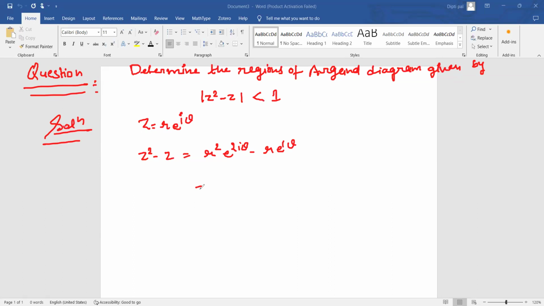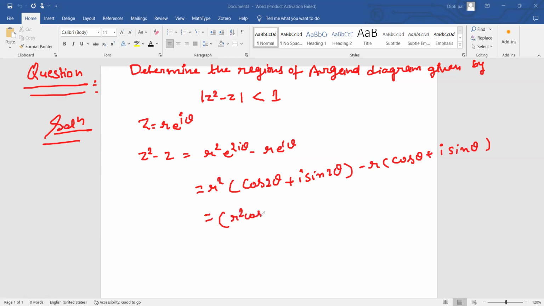We can write it like that: r square cos 2 theta plus iota sin 2 theta minus r times cos theta plus iota sin theta. We can write it like that: r square cos 2 theta minus r cos theta plus iota times r square sin 2 theta minus r sin theta.